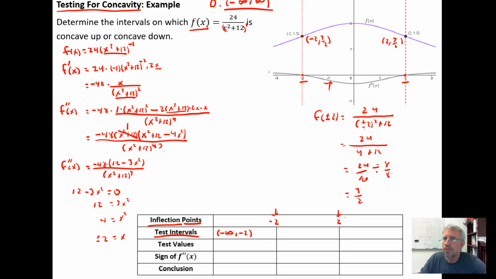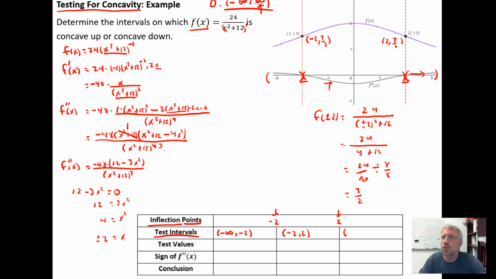So from negative infinity up to negative 2, that's going to be our first open interval. Then we're going to run from negative 2 to 2. We're going to run between the two inflection points. That's our next test interval. And then we're going to go from 2 to infinity, because that's the part of our domain there.